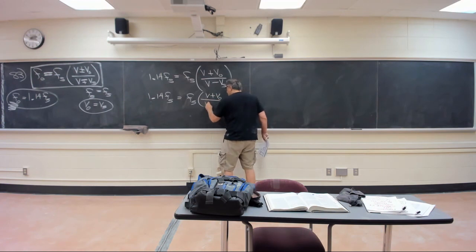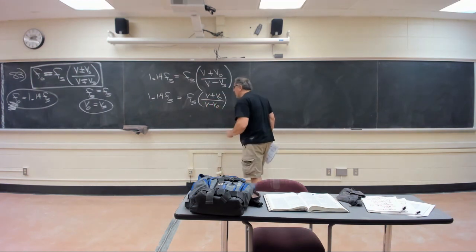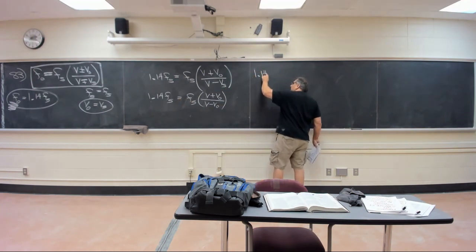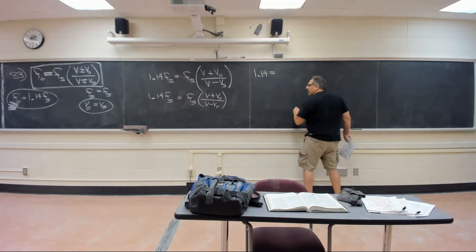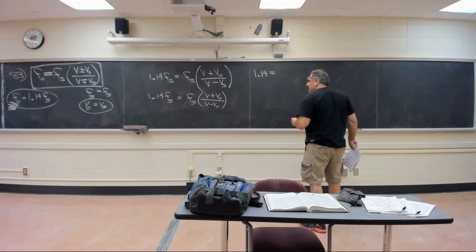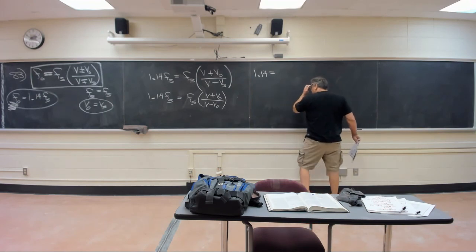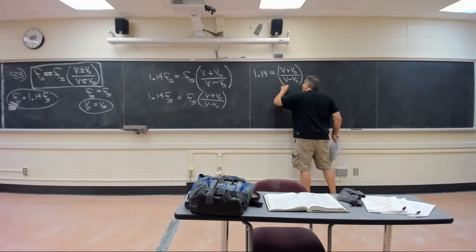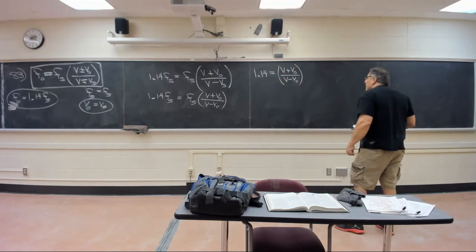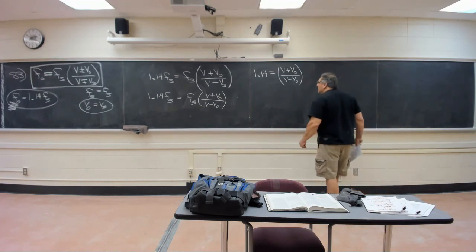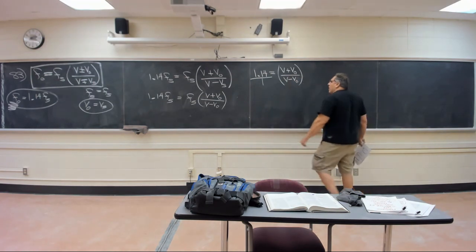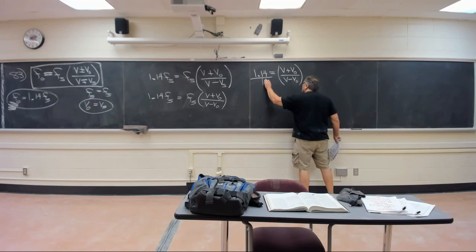Plus VO minus VO. Divide by Fs on each side. The rest is math. 1.14 is the same as 1.14 divided by 1.